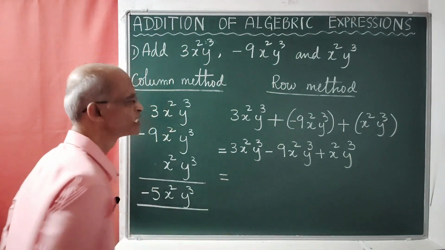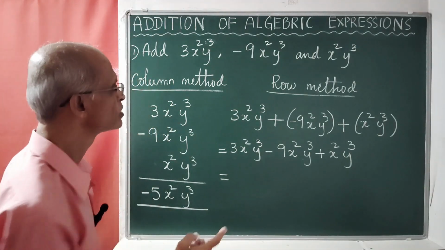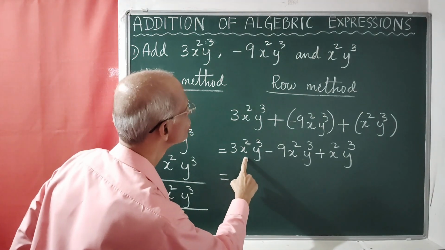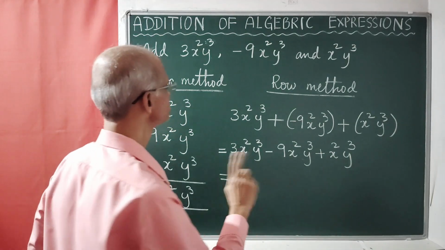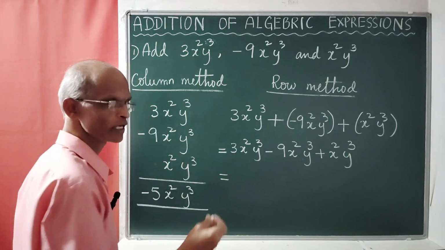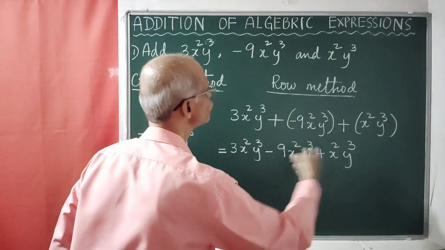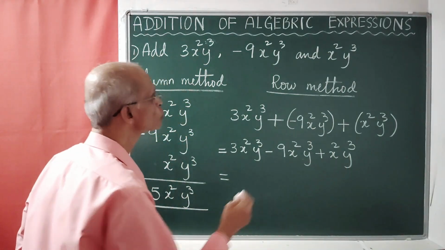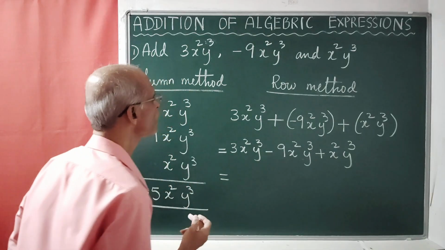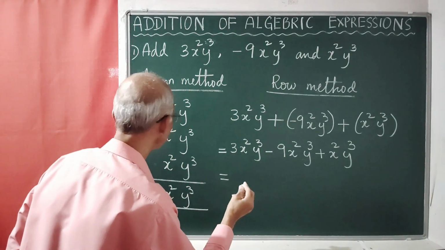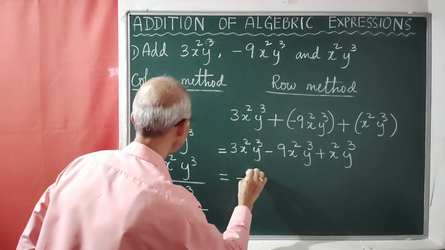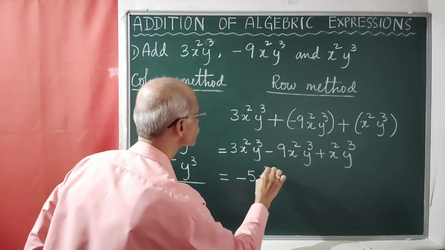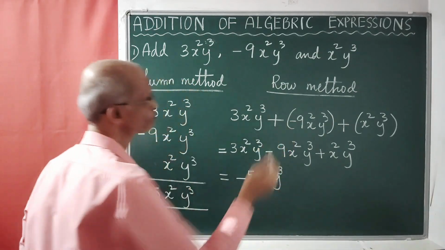The next step is to shuffle the like terms together. No, I'm sorry, we only need to solve it. You have to solve the numbers. So if you solve them, we will get minus 5x square y cube.